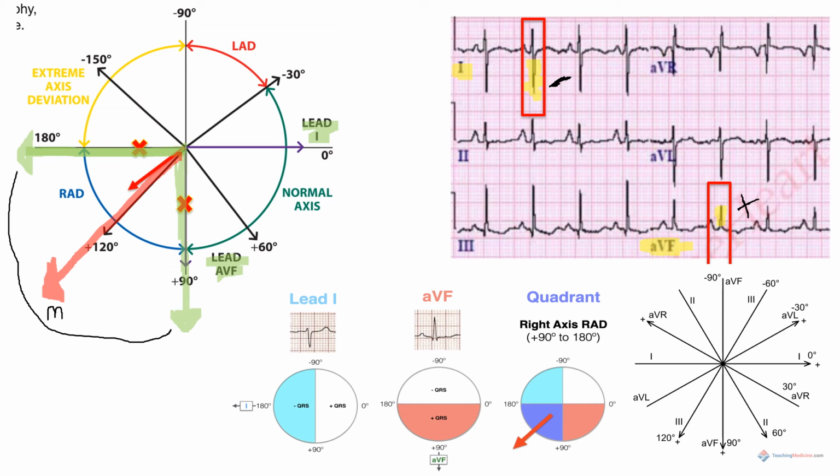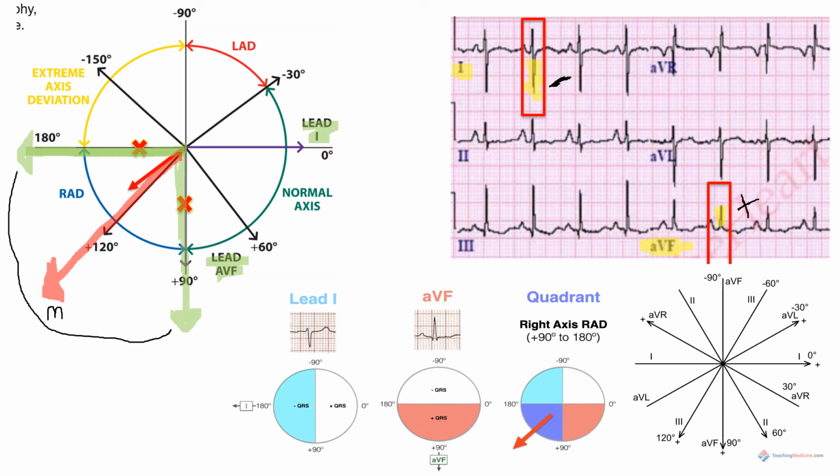Now, as you can see, we are totally off the normal axis. The normal axis, we're supposed to be anywhere between negative 30 to positive 90. And as you can see, we totally shifted towards the right, from positive 90 to 180 degrees.